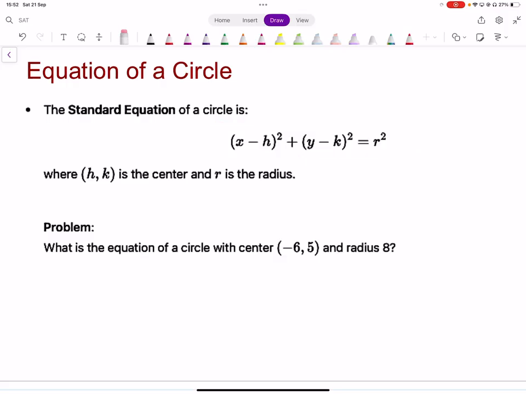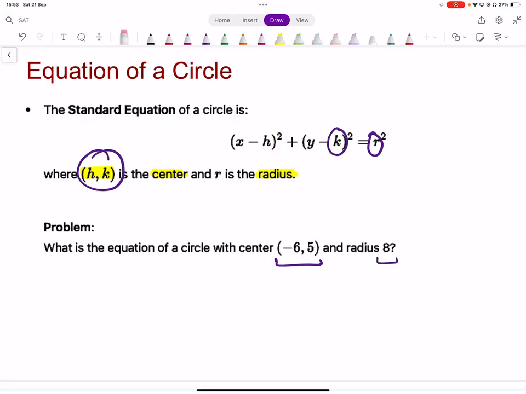Now, for a line, we needed two things: gradient and a point. For a circle, we also need two things, and those two things are the radius of the circle and the center of the circle. These are the two things that we need to write down the equation of a circle. For instance, if we know that a circle has center (-6, 5) and radius is 8, where h, k in this form are the coordinates of the center, r is the radius.